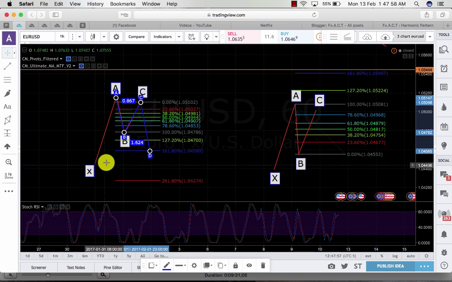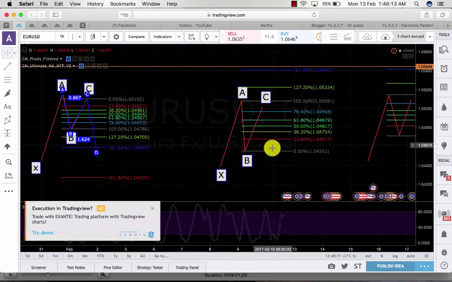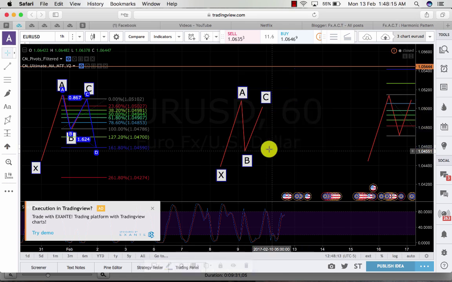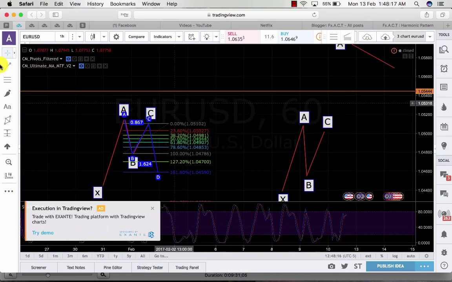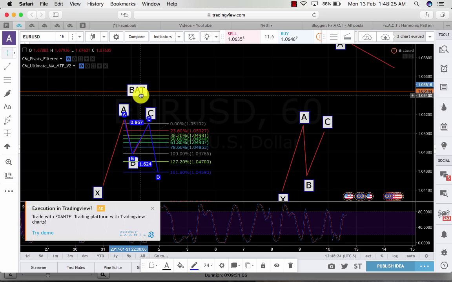Now, if the market reaches these 2 points, this extension 127 or 161, then it passes the requirement of having the ABCD pattern. So we will also get this from the butterfly. Remember, this is the bat measurement. This is the butterfly.